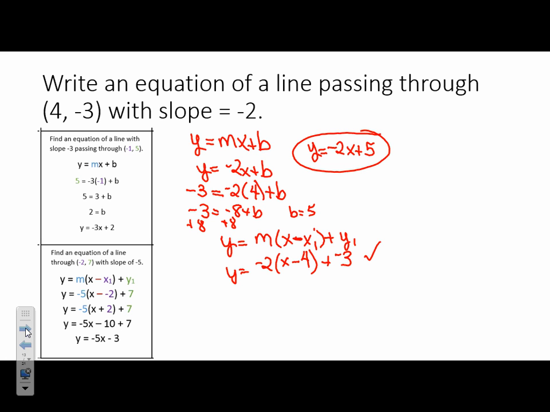Okay. But how would we get it into slope y-intercept form if we wanted to? Carly recommended it before. Distribute. Clear the parentheses. Negative 2x plus 8 minus 3. Don't I get the same thing?